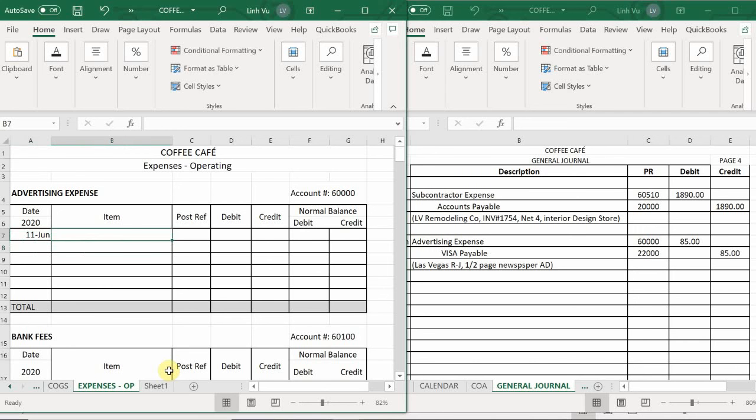Our first advertising expense is going to be for a half-page newspaper ad. Okay. Post reference, general journal. This happened on the 4th journal. Okay. And it was for a total of $85. So therefore, my running balance for my advertising expense is going to start off with $85.